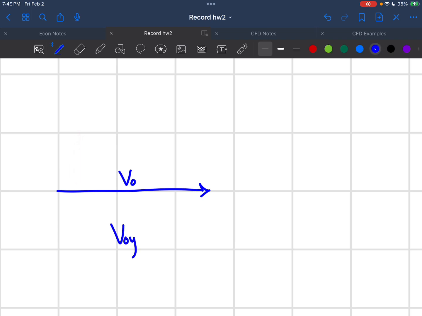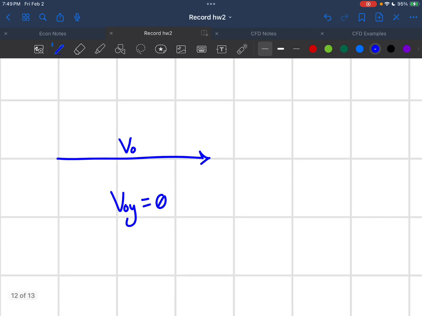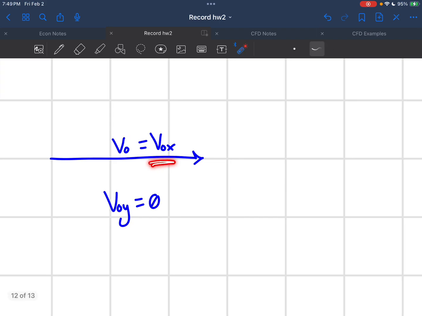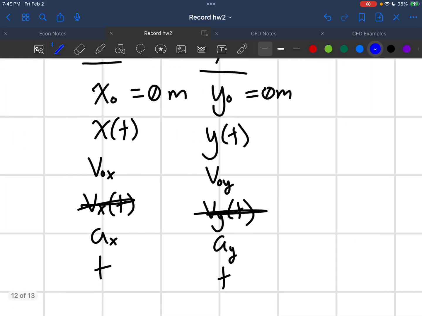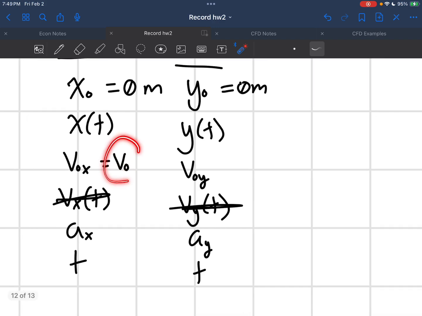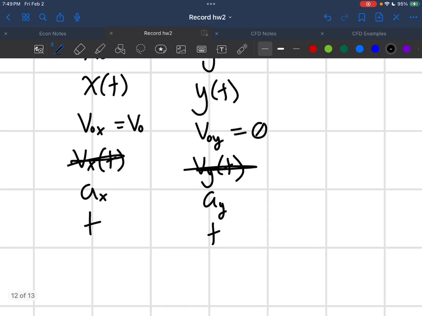So my v0 y is 0, which means all of this initial velocity is going in the x direction. So my v0 x will be v0, which is a known value, so I can just use that as my variable. I'm going to leave my answer in terms of that, and v0 y will be 0.